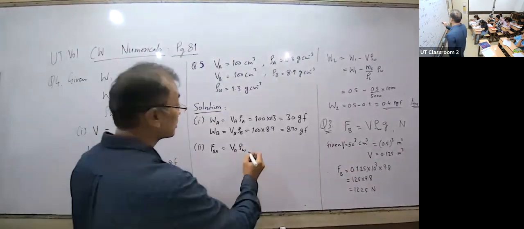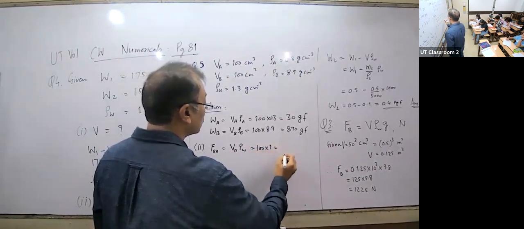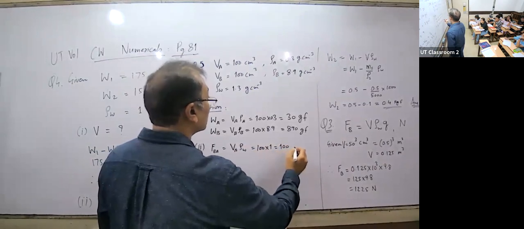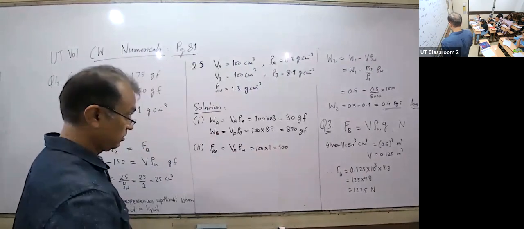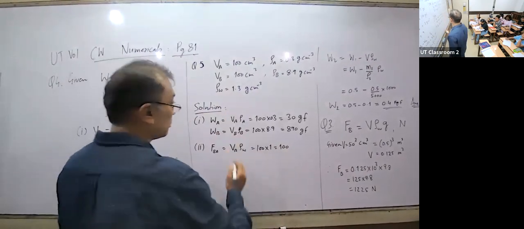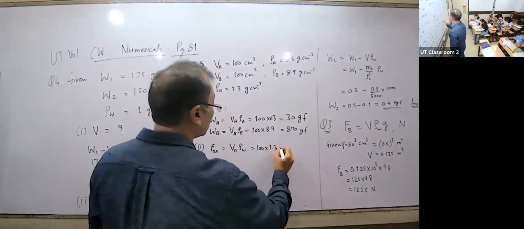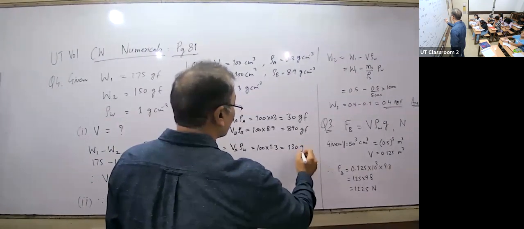So how much is this? 100 into 1. So this is just 100 gram force. Is it right? No, this is 1.3, correct. So this will be 130 gram force.